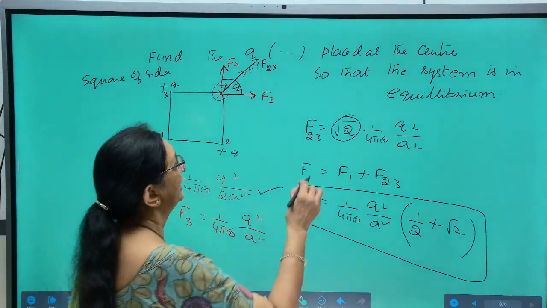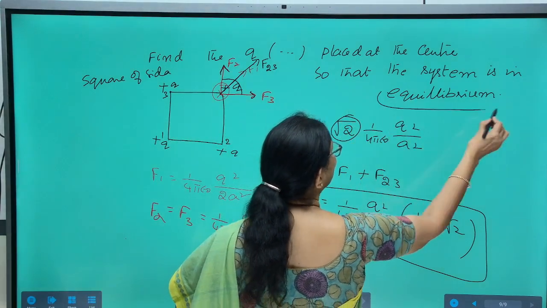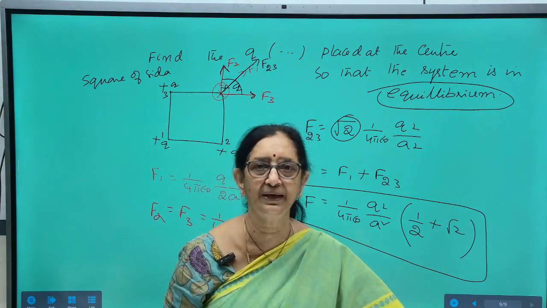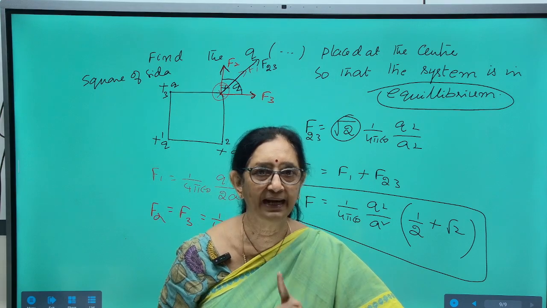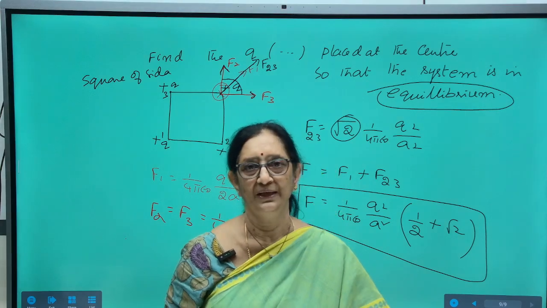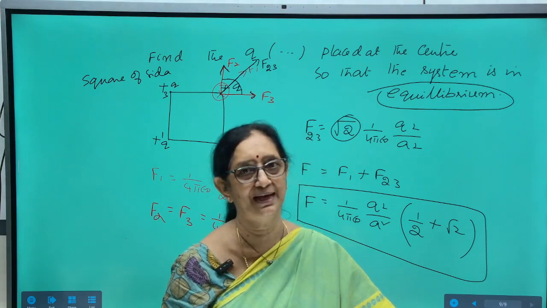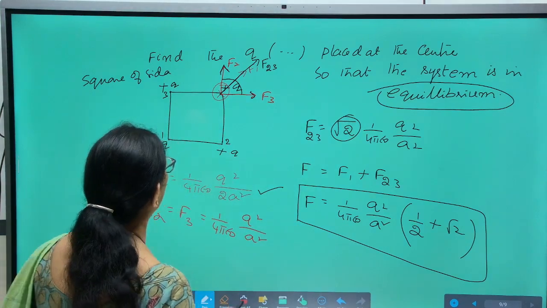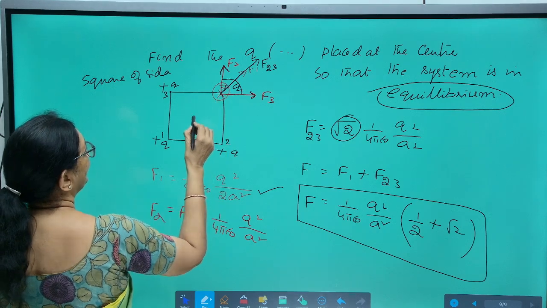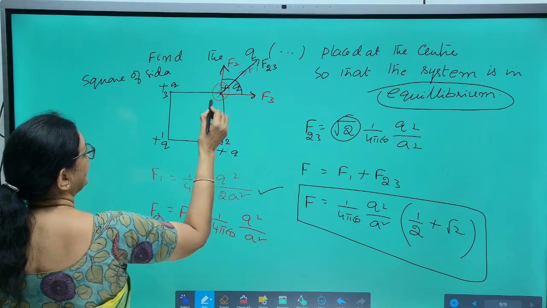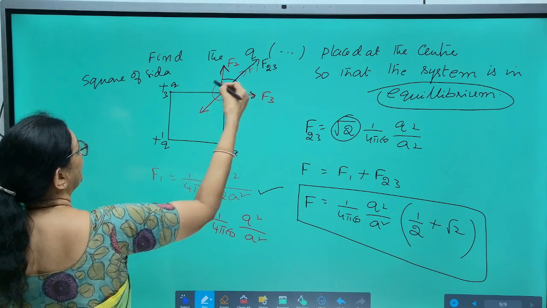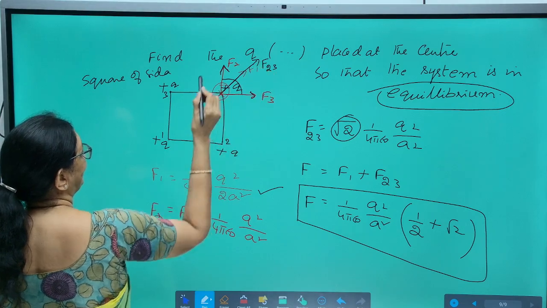Now, our aim is to keep the system in equilibrium. The system is in equilibrium only when the net force on the individual charge is 0. So, to make the net force on this 0, the charge placed at the center should exert a force in this direction which exactly balances the net force.